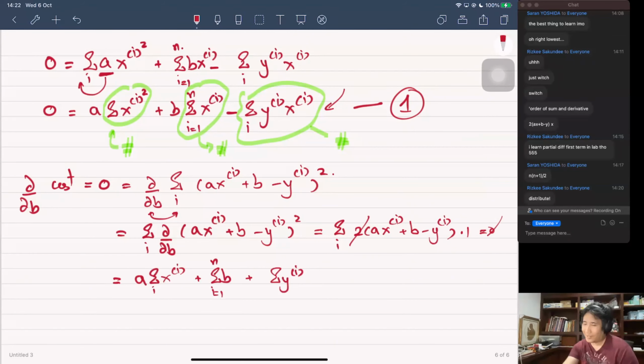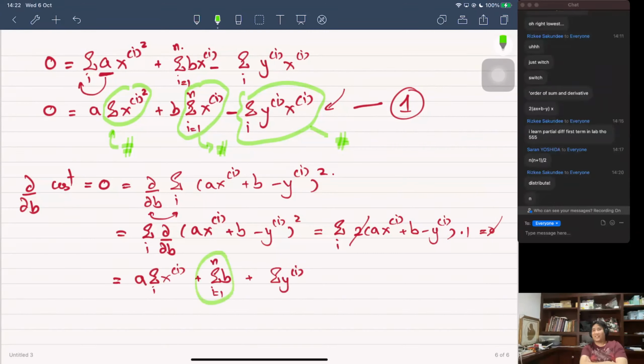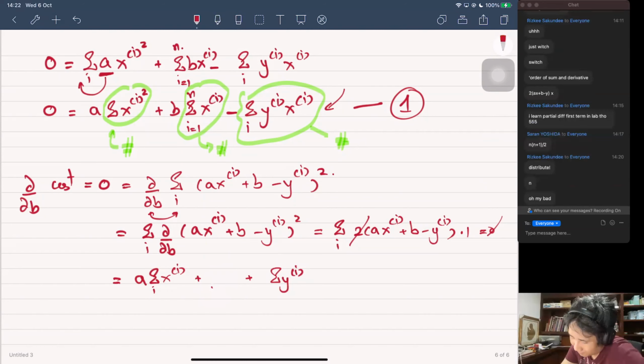Can someone help me simplify this guy? You add b up n times, what do you get? Close, n times b, not n, but n times b. You add b up n times, you get n times b.